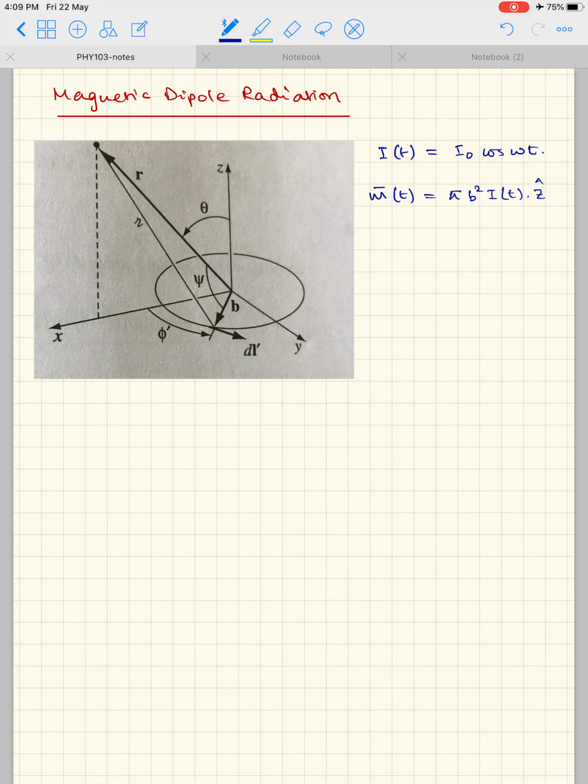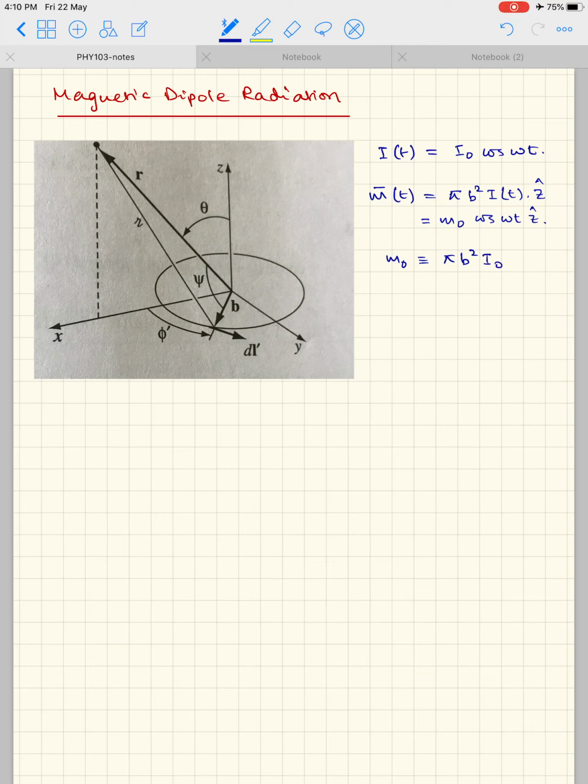So we are going to call this just m naught cosine omega t z cap, where m naught, of course, is given by pi b squared I naught.